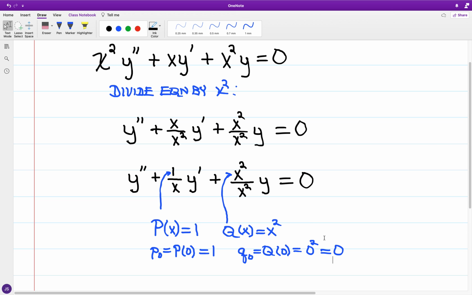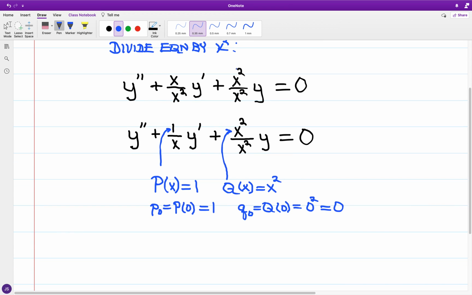So you have an algebraic setup, and now entering the scene, with the method of Frobenius, you have this algebraic equation: r times the quantity r minus 1, plus p naught r plus q naught is equal to 0.